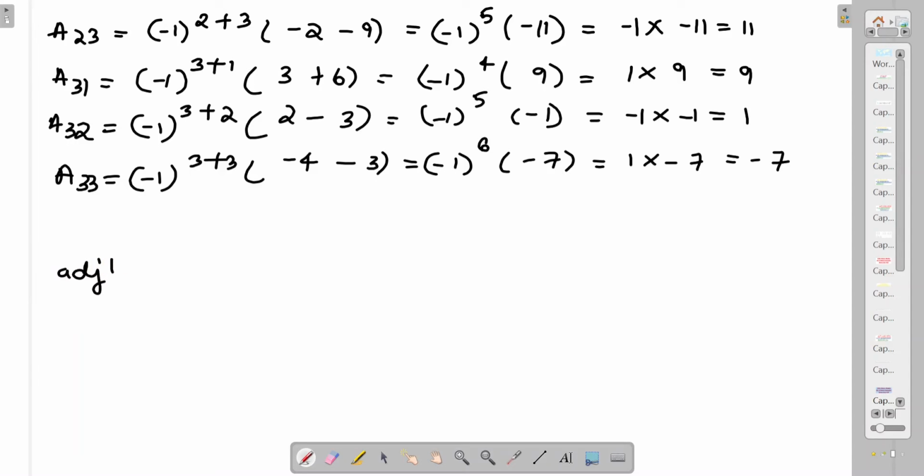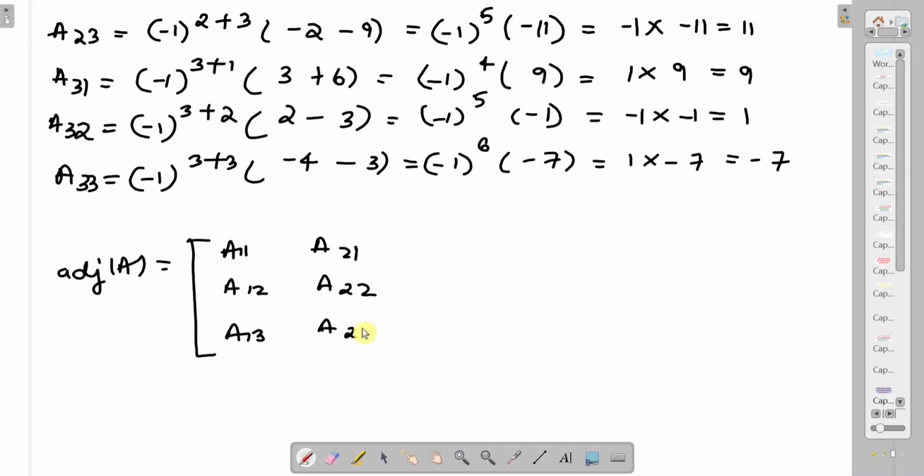Okay, so now we will write the adjoint of A. So adjoint of A will be what? Directly I am writing the matrix, it will be A11, A12, A13, A21, A22, A23, and A31, A32, A33. So I have taken the transpose already here. This will be equal to what?